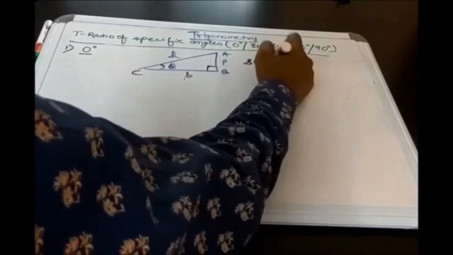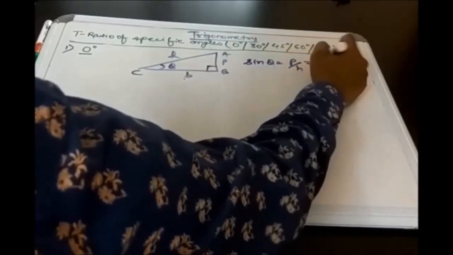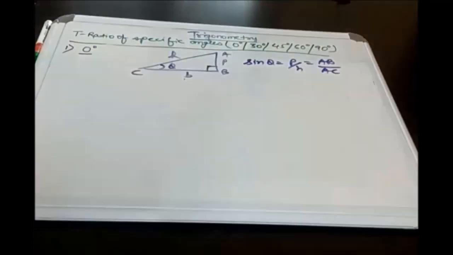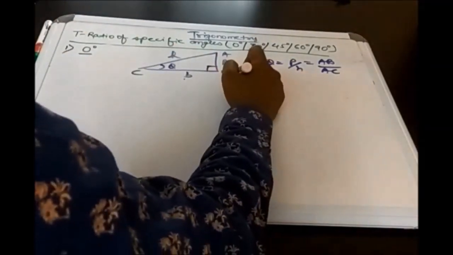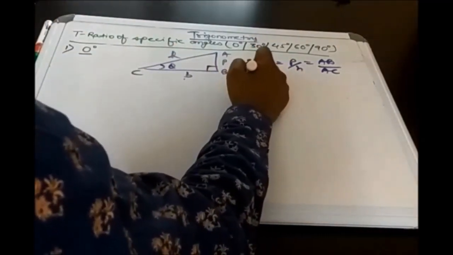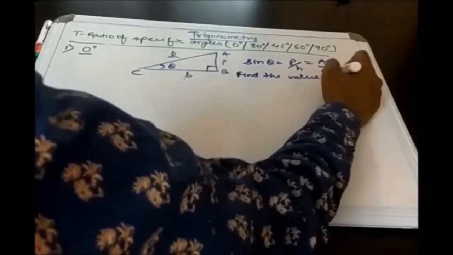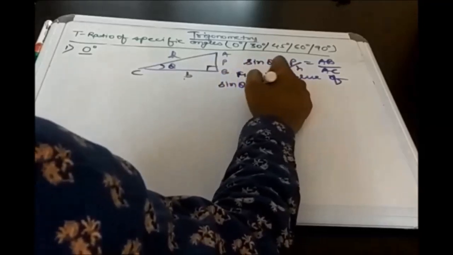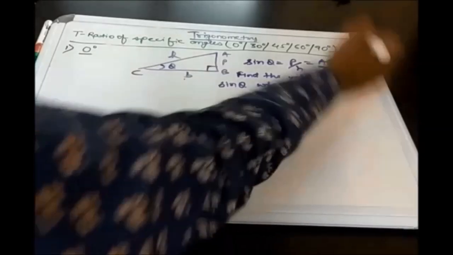So the value of sine theta will be perpendicular by hypotenuse, that is AB by AC. Now what we have to find is the value of sine theta when theta equals 0 degrees.